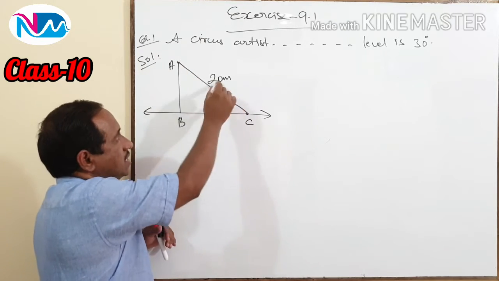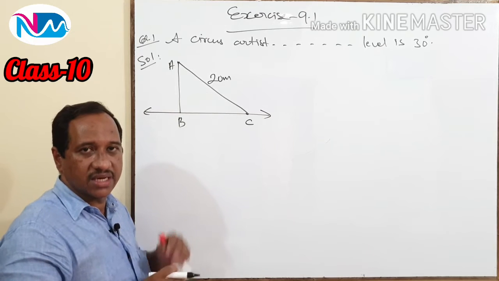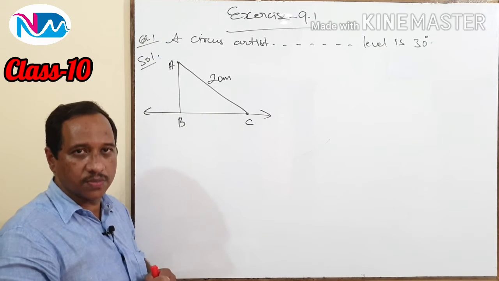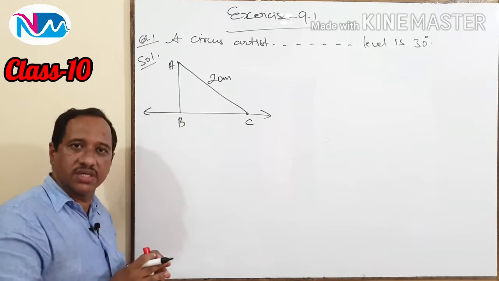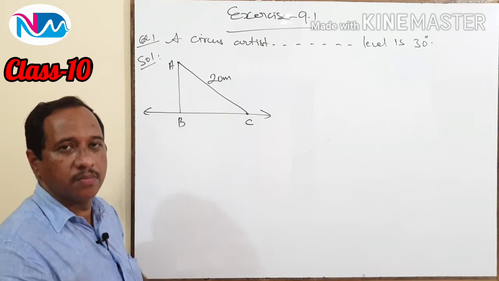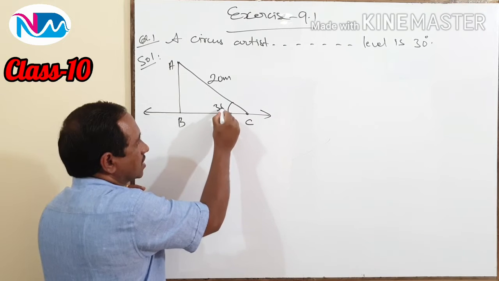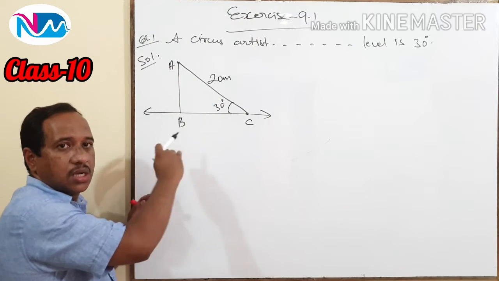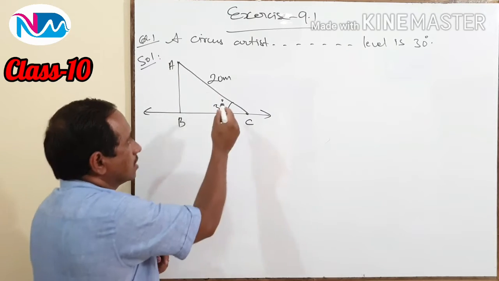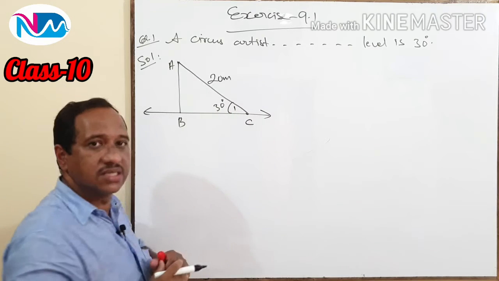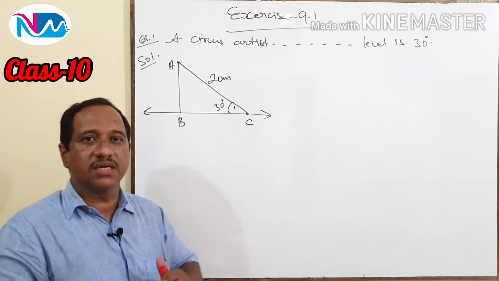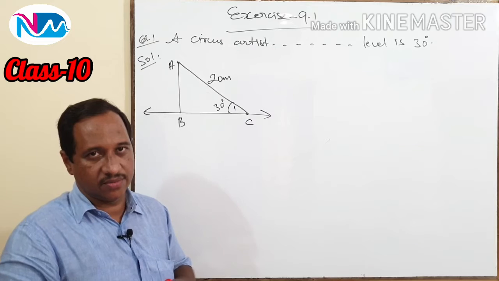So here AC is equal to 20 meter, that is the length of the rope, and according to question, this rope makes an angle 30 degree with the horizontal level. So here angle 1 is 30 degree, which is the angle of elevation.